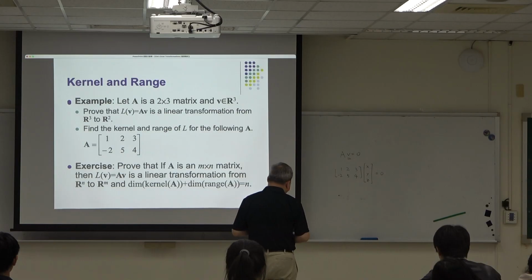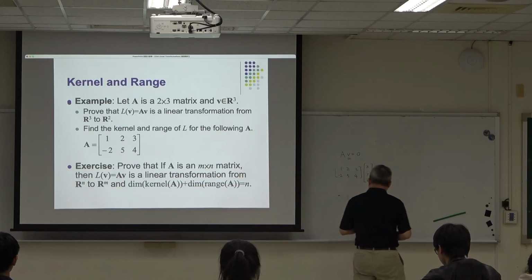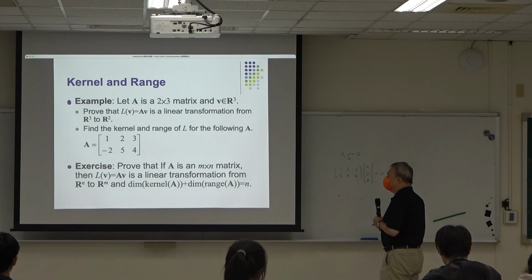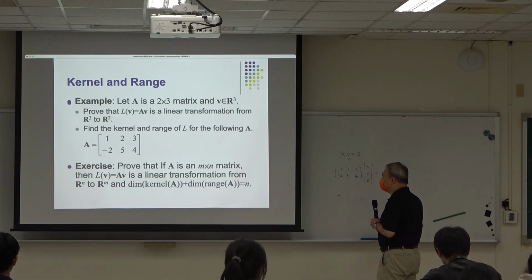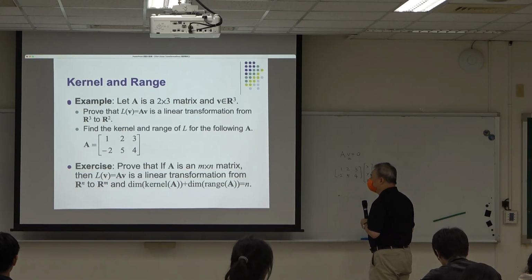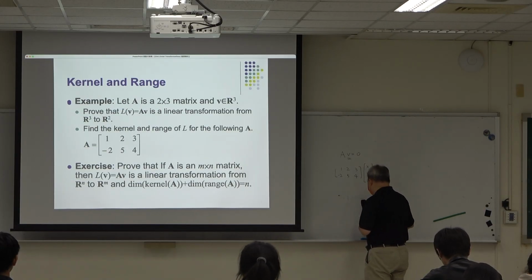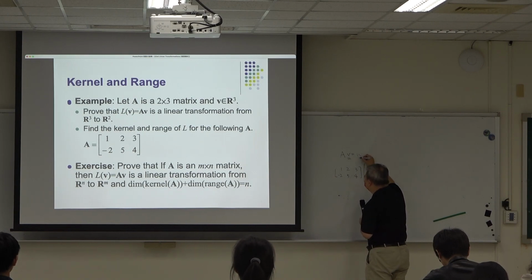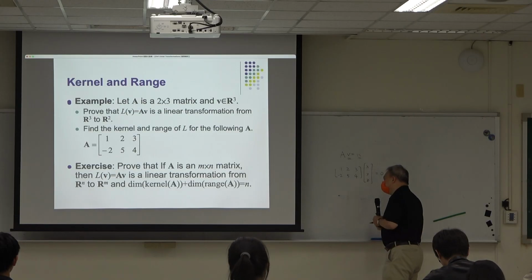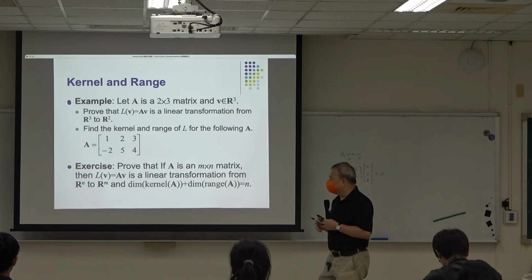And how about the range? Range means Av equals w. Then there exists a v such that it matches w, so all the w.